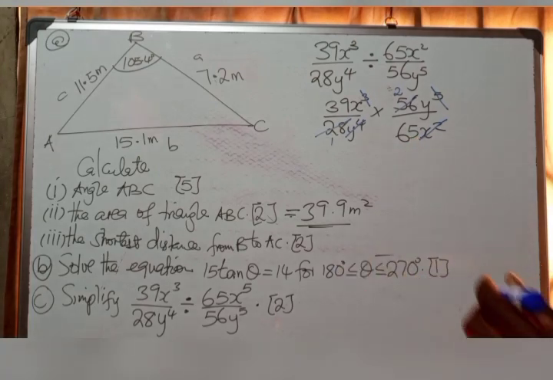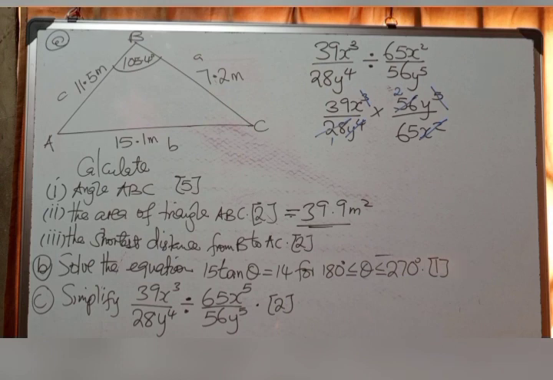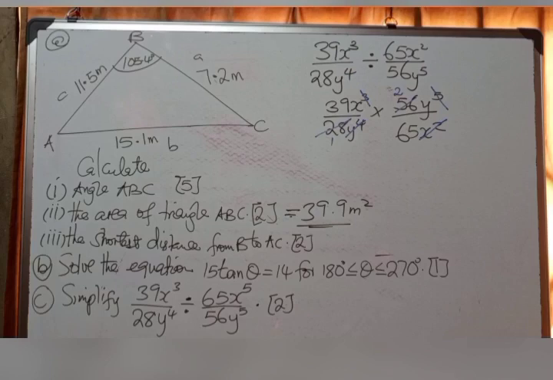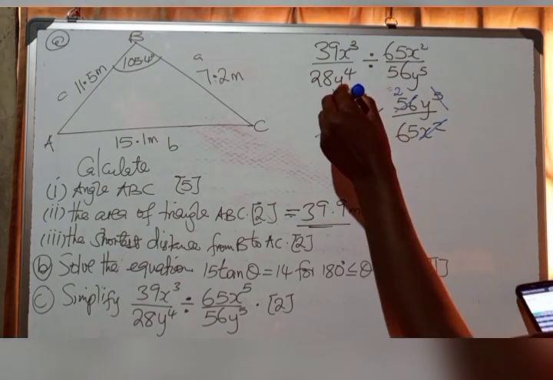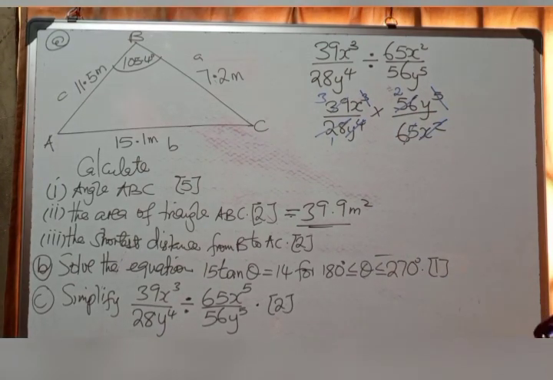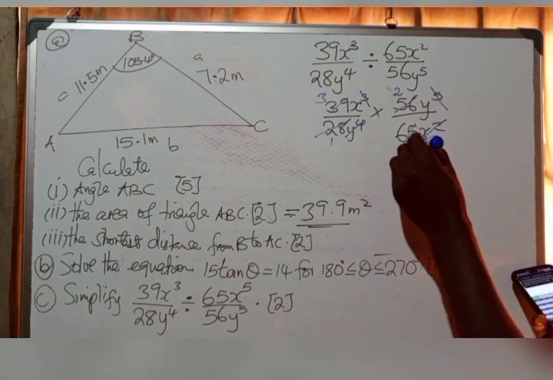So we are going to have 39 multiplied by 2. So 39 and the 65 has got a common factor, which is 13. So we say 13 into 39, it goes 3 times. Then 13 into 65, it goes 5 times.